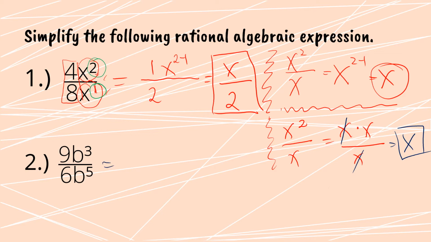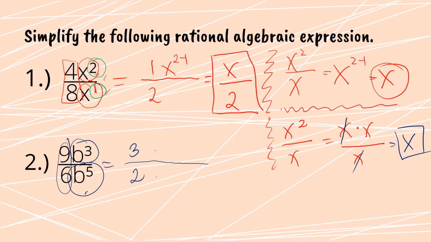So, we have 9b cubed over 6b raised to 5. So, same process, unahin mong isimplify yung numerical coefficient, and that is 9 over 6. So, the simplest form will be 3 over 2. Okay, and then tingnan mo, so obviously, they have a b, parehong may b, pero the question is, saan ilalagay? Is it on the numerator or sa denominator?